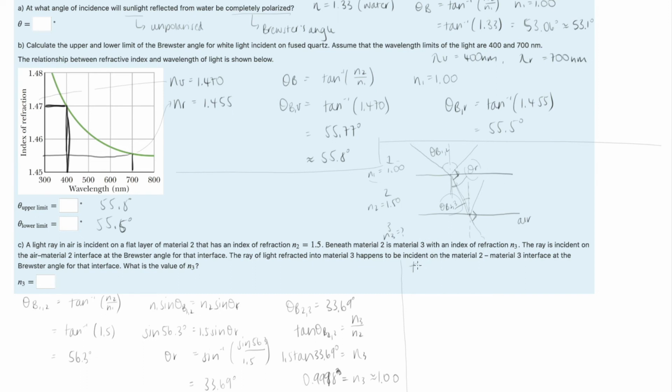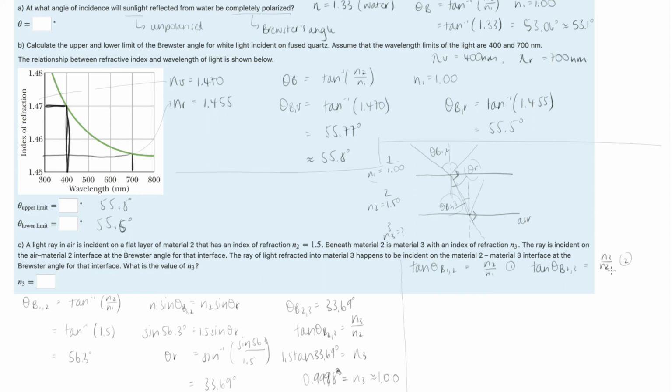We're going to have tan theta of the Brewster angle 1,2 equals N2 divided by N1. That's equation 1. Equation 2 is tan theta of the Brewster angle between material 2 and 3, and that equals N3 divided by N2.